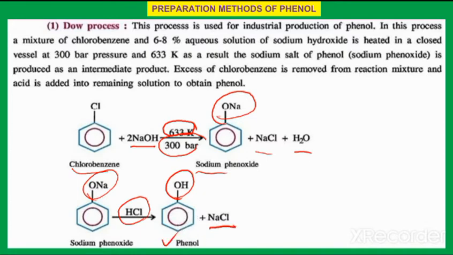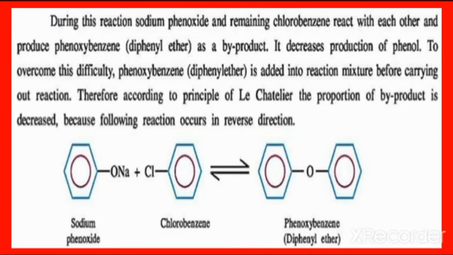In the case of the Dow process, another product is also possible, that is phenoxybenzene. It can be obtained when the sodium phenoxide is treated with chlorobenzene. The formation of phenoxybenzene leads to production of a lesser amount of phenol.